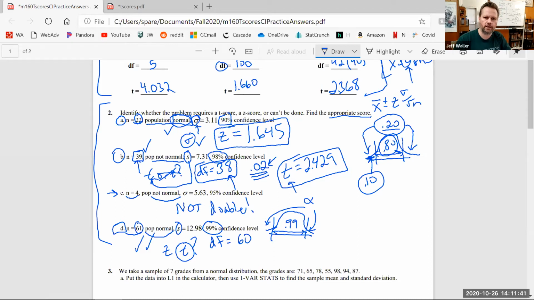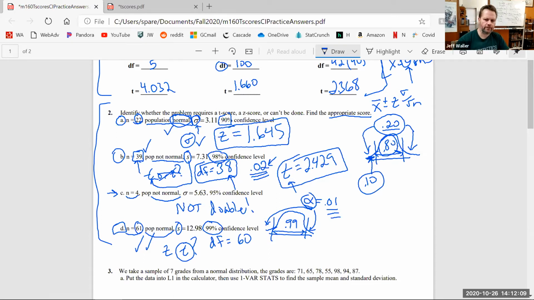So you got fish tails. That alpha would just be the area in the tails, 0.01. You might have seen that symbol before in the book already, but nobody's asked me about it. So the little alpha dude is the Greek letter A. It just represents the area in the tail or tails.